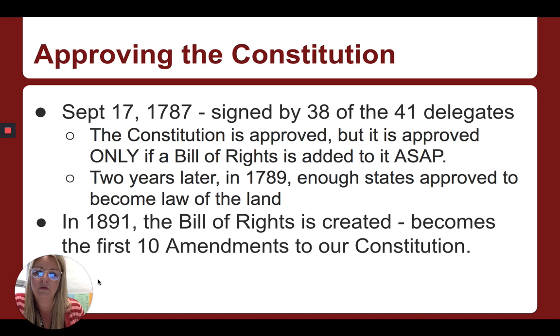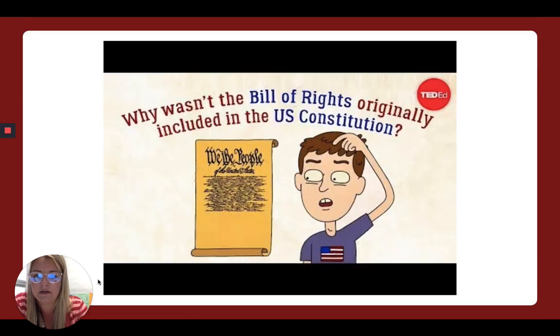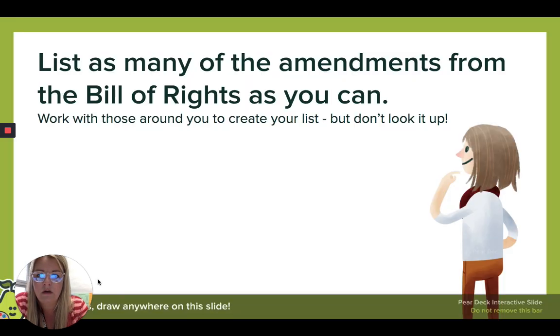A few do it right away, but you have some convincing to do in some states like Virginia and New York. It becomes that last one with a huge push from guys like John Jay and Alexander Hamilton and James Madison writing those Federalist Papers. So if you have watched or listened to Hamilton, the musical, they'll talk about the Federalist Papers quite a bit in a section of that.